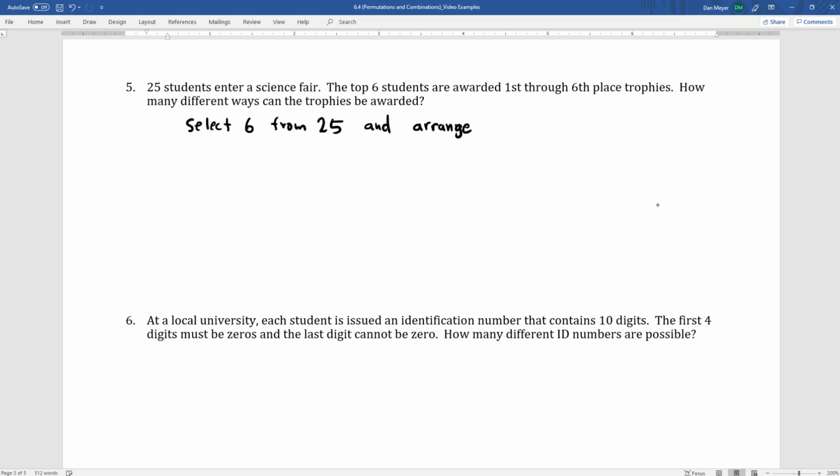We're going to give them 1st through 6th place trophies. So this is a permutation, right? The order matters, and we're not going to give someone 2 different trophies. So this is 25 permute 6, or 25 P 6.